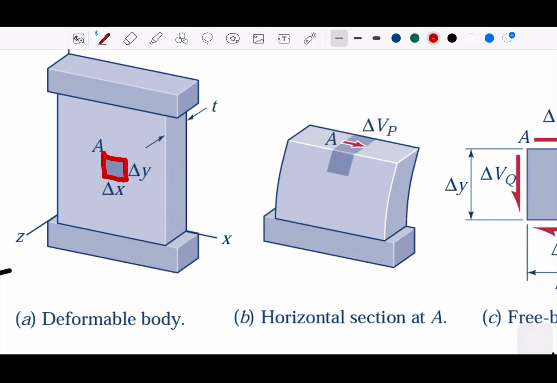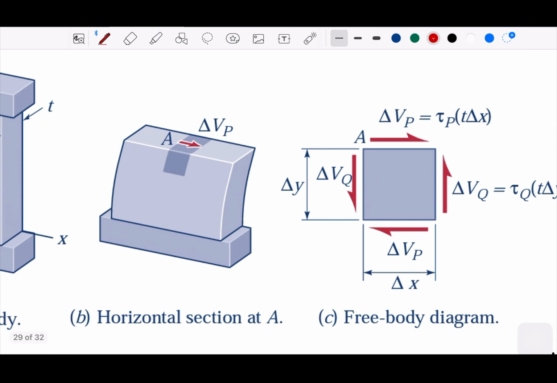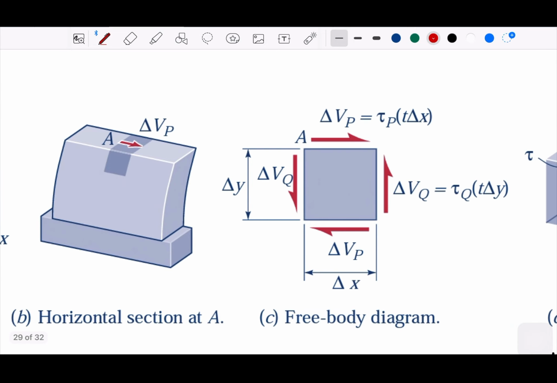Okay, and then if we zoom in on this A, we have this kind of distribution of shear in the delta x and delta y. Okay? So if we take this away, actually we have shear on this delta x, and shear on the delta y.